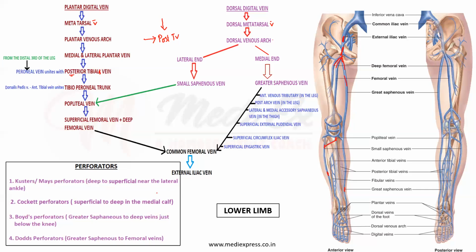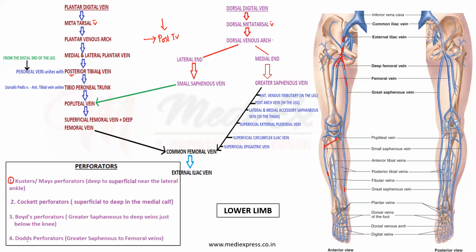The other three are superficial to deep perforators. Cockett's perforators are superficial to deep in the medial calf. Then we have Boyd's perforators, that is great saphenous to deep veins just below the knee.